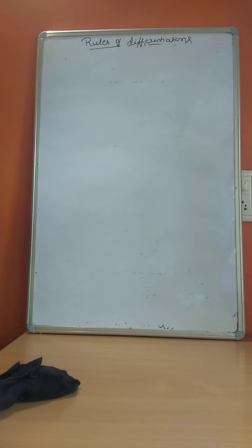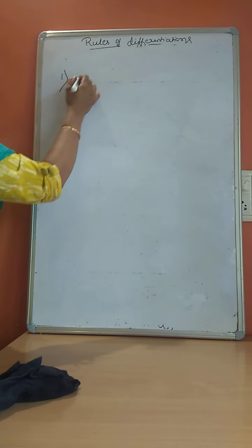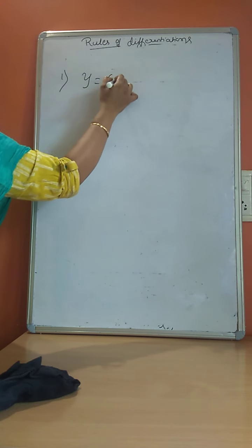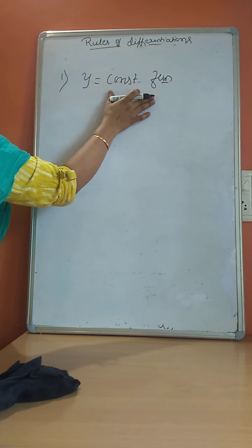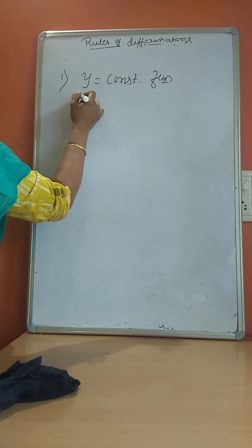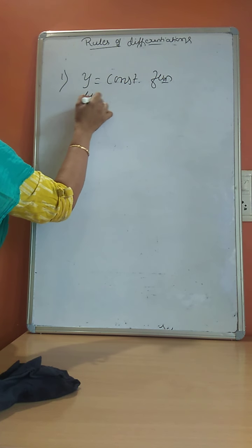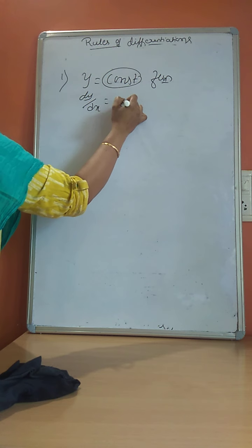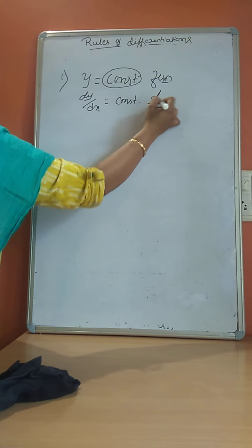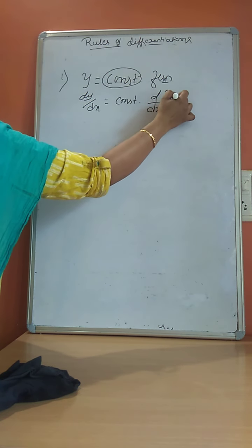Yes, now tell me, what is the first rule? First rule is, if y is equal to constant into function, how to differentiate? That is dy by dx is equal to constant, keep as it is and differentiate the function.